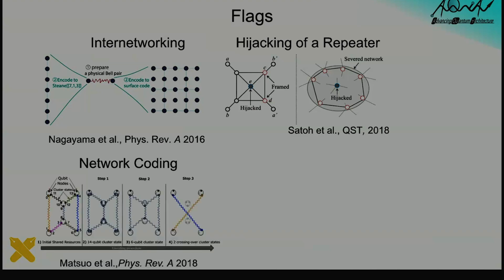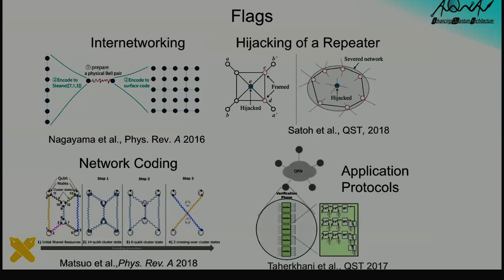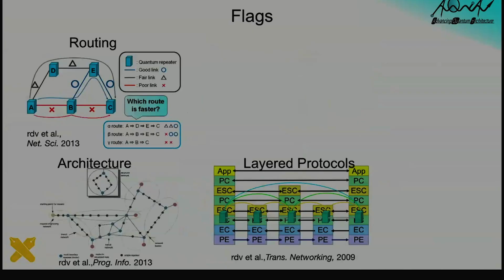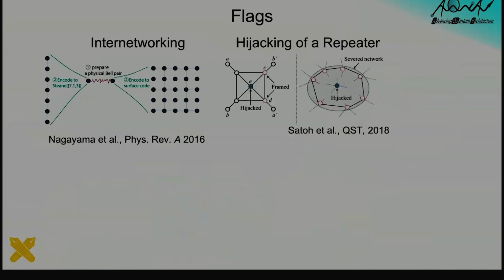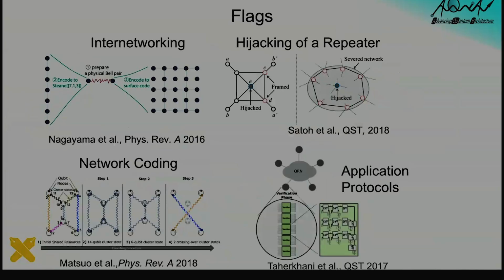Also, some of you may be familiar with the idea of network coding. We worked on that a while back, and we've worked on application protocols for this. In that particular case, that's a topic known as quantum Byzantine agreement. And so that's what we think of as the key elements in quantum network or quantum internet architecture.